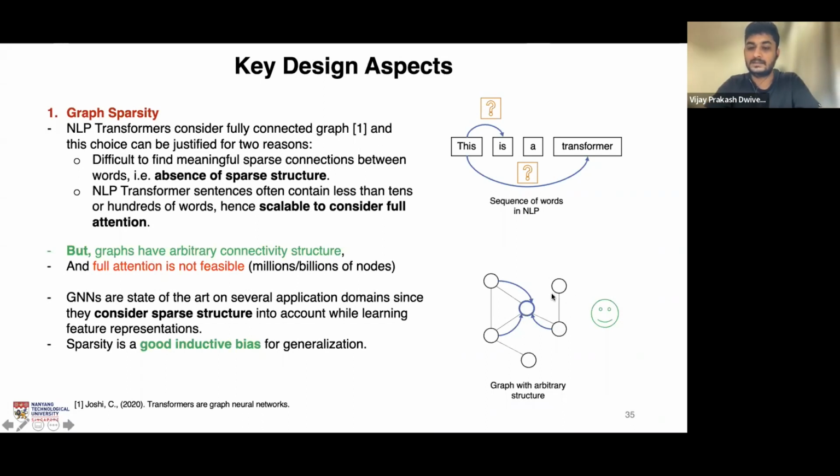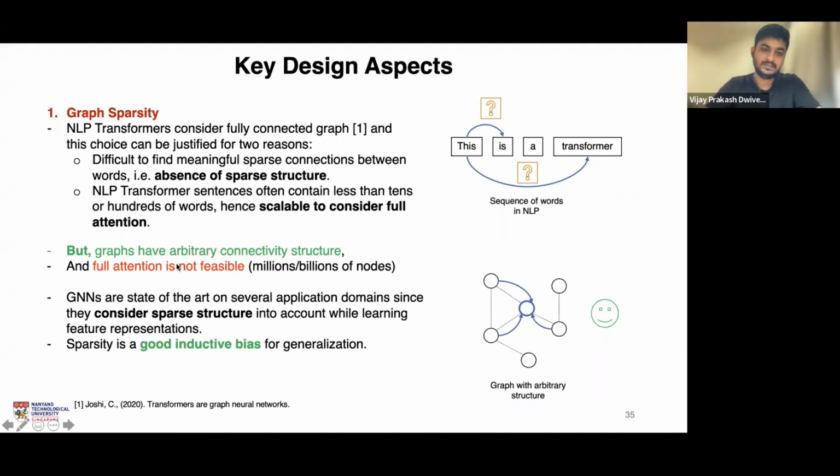So this person may be a subordinate working under this person. We are able to infer this only because of the connectivity structure that is present, and hence it becomes a good inductive bias for training and generalization. And this rich information would be ignored if we simply connect each node to each of the other nodes, which is done in NLP in the case of sentences.